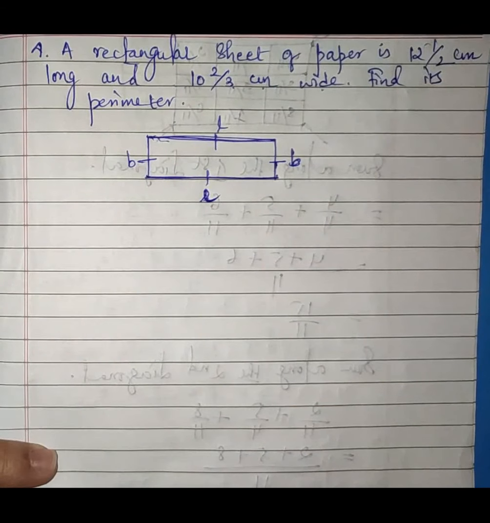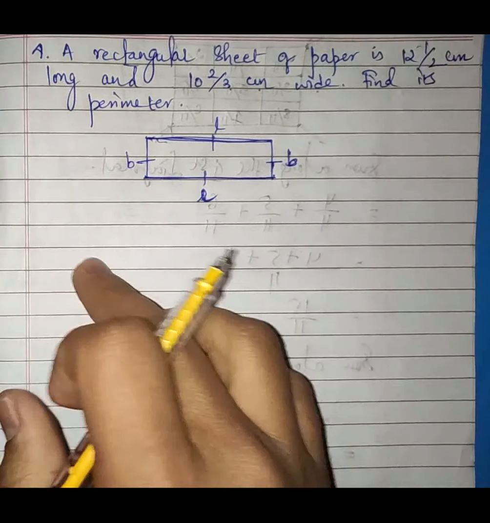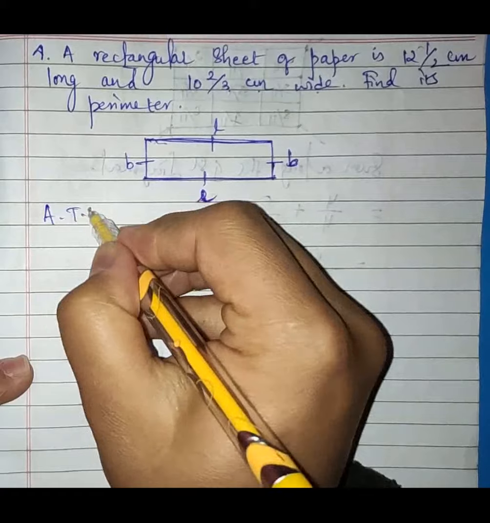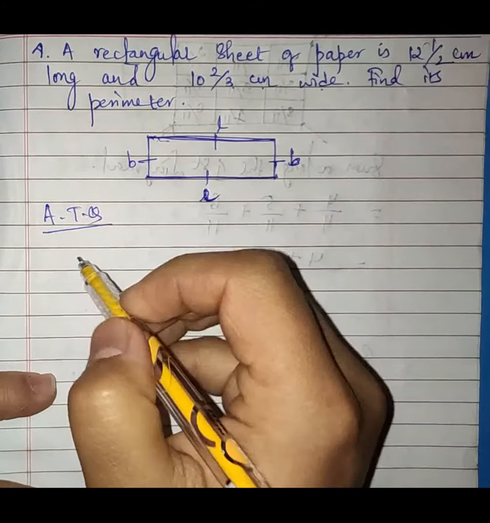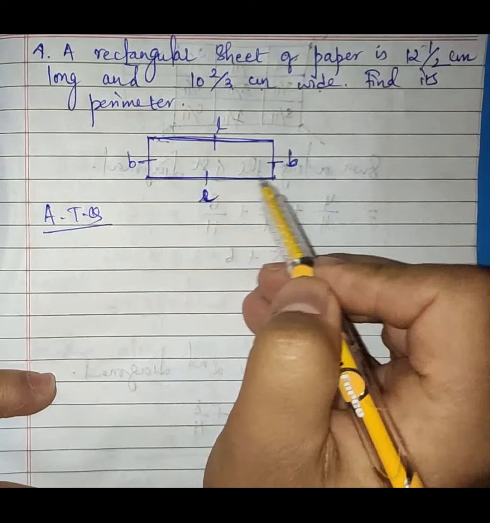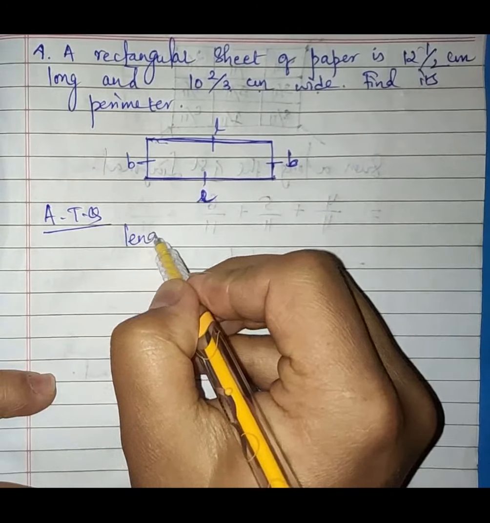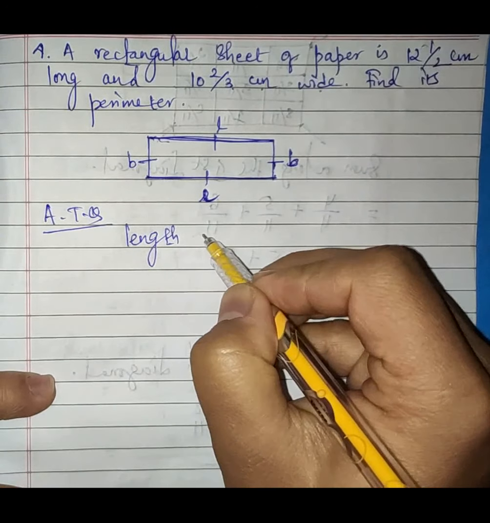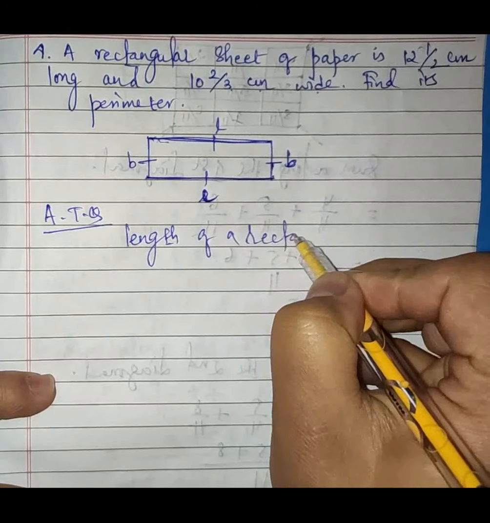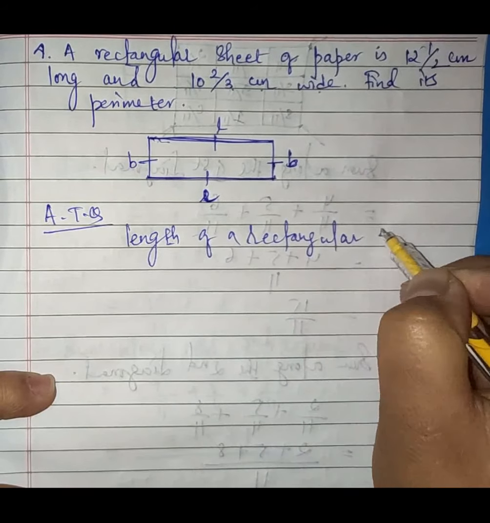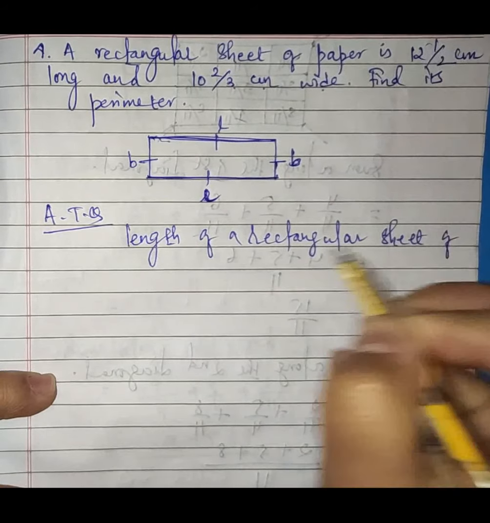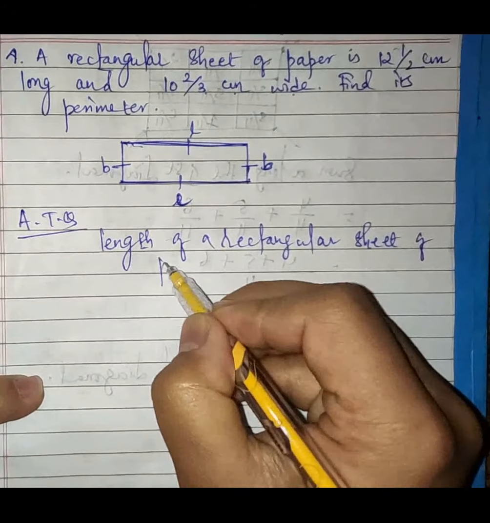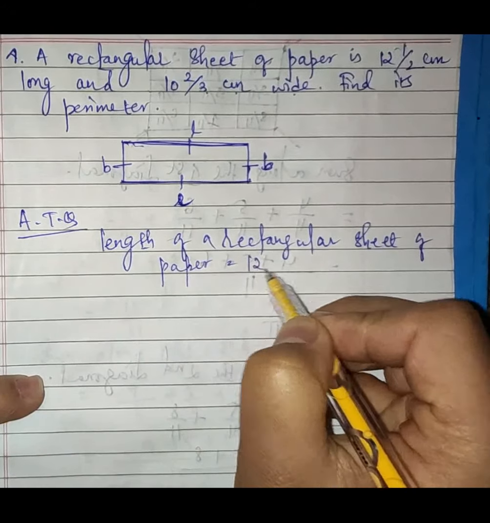Alright, so according to the question, the length of the rectangular sheet of paper is 12 whole 1 by 2.